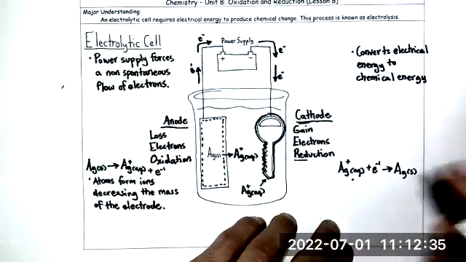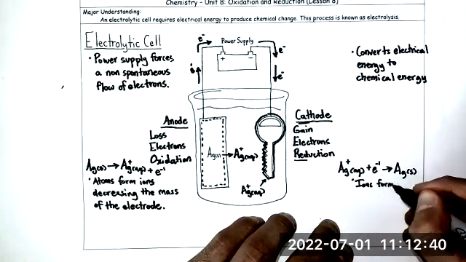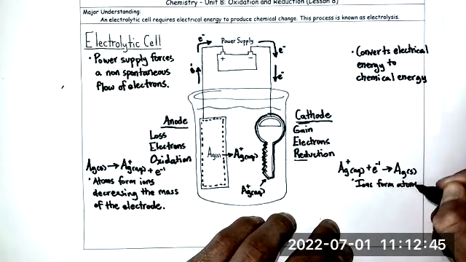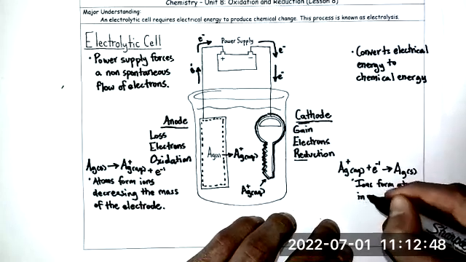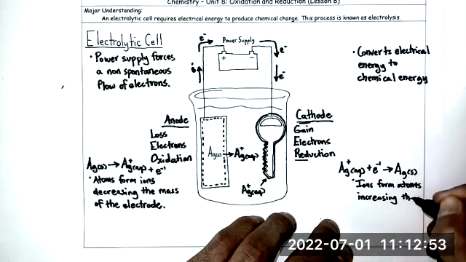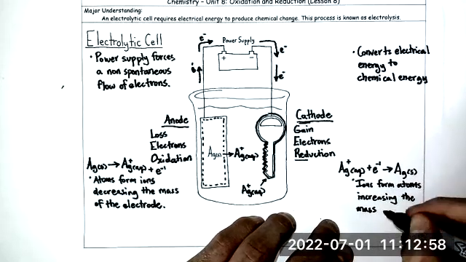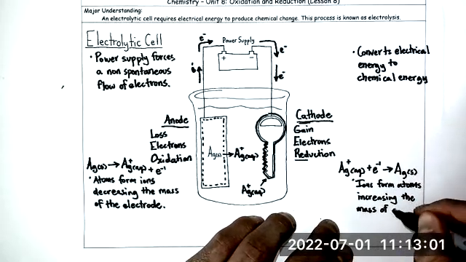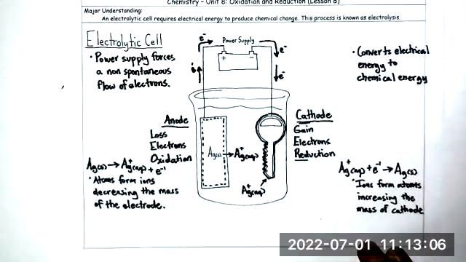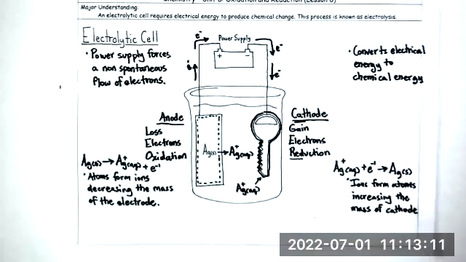And as a result of this, the ions form atoms, increasing the mass of the cathode. Okay. And so that is lesson 6 on electrolytic cells.